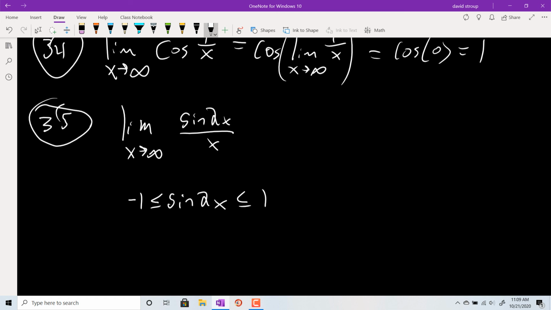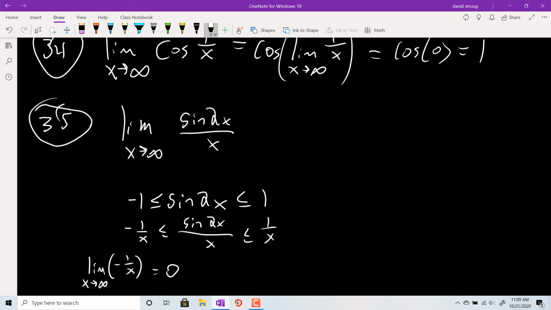Then you can divide everything by x, and you get negative 1 over x less than or equal to sine of 2x over x less than or equal to 1 over x. Then note the limit of the outer parts. The limit of negative 1 over x as x goes to infinity is 0, and the limit as x goes to infinity of positive 1 over x is also 0.